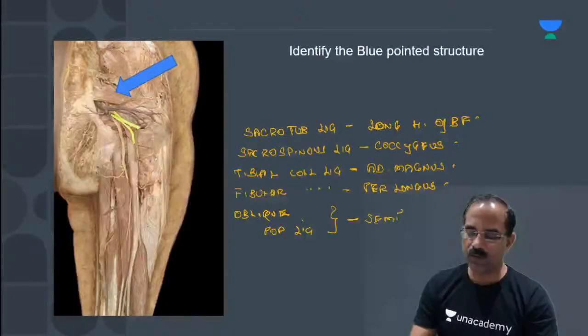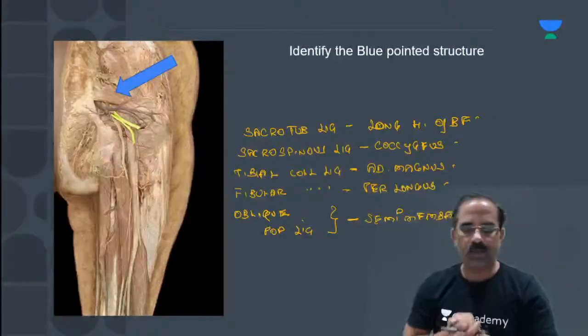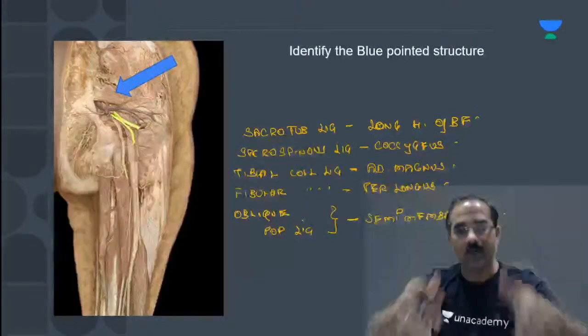Very good, students. The oblique popliteal ligament is a degenerated part of semimembranosus.